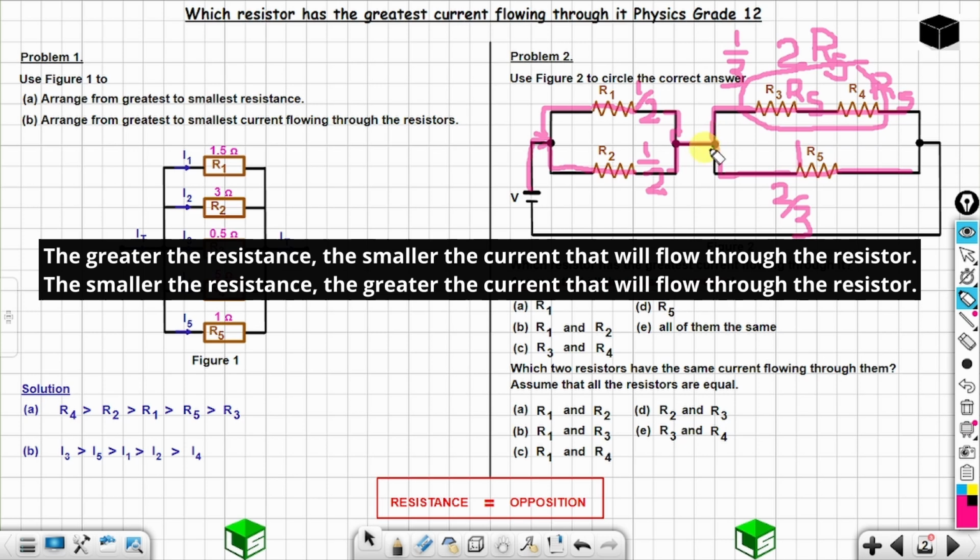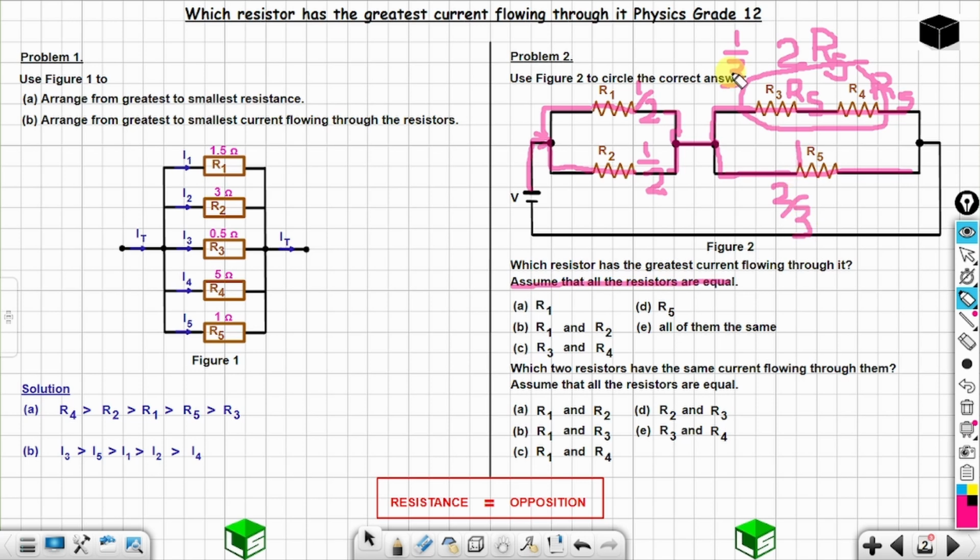The current that is coming is going to split. A third will go on this branch and 2/3 will go on this branch. I hope you understand where the 3 is coming from. You have 3 parts, 1, 2, 3, 3 parts. So this is the answer.